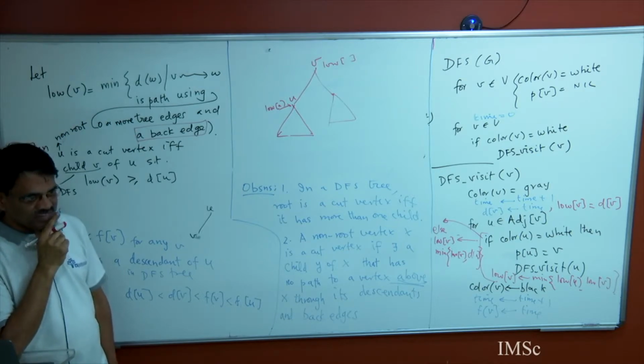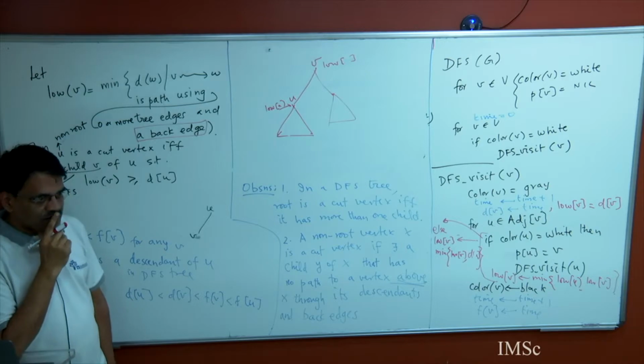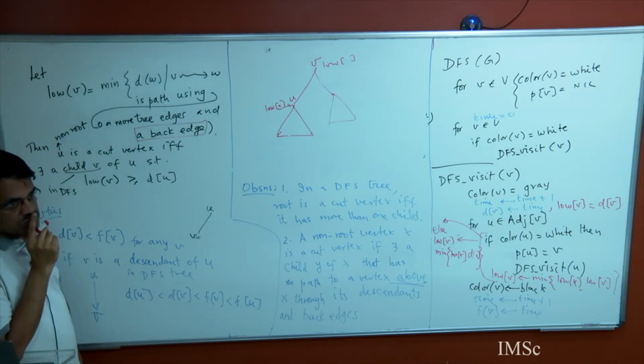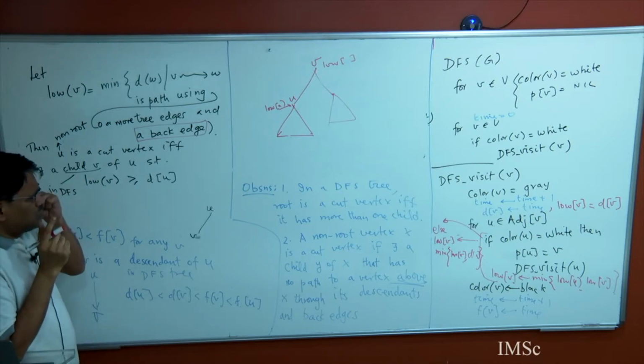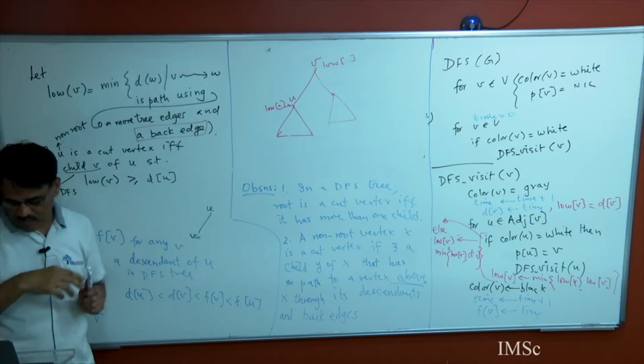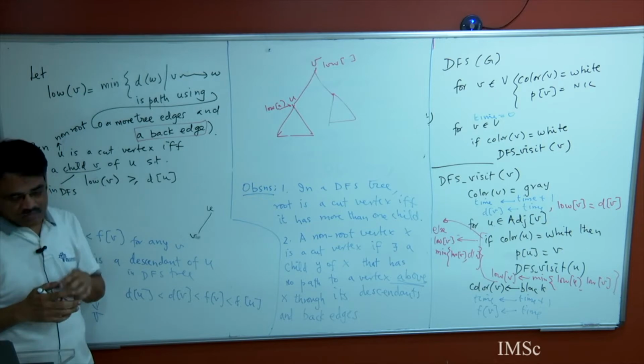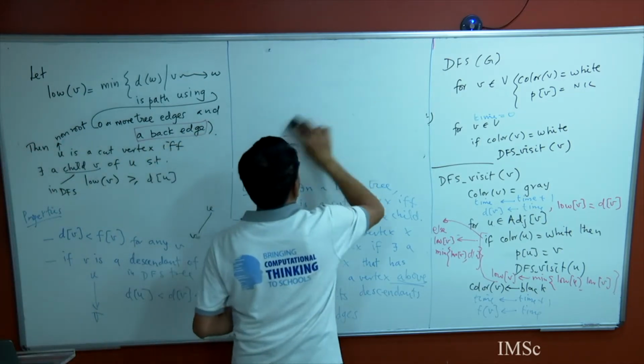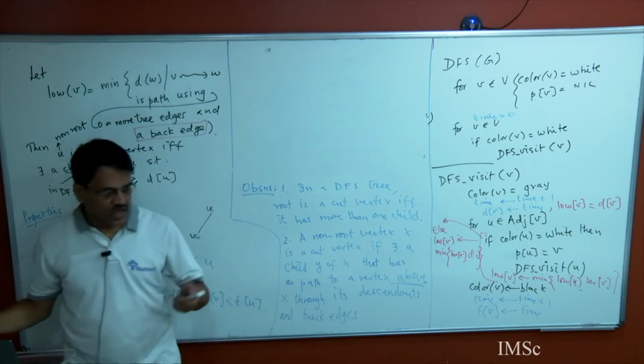Question. Suppose that B has a back edge, and somebody from its descendants has a back edge above B. So let's actually run an example also to just see. Yes, but what is it?